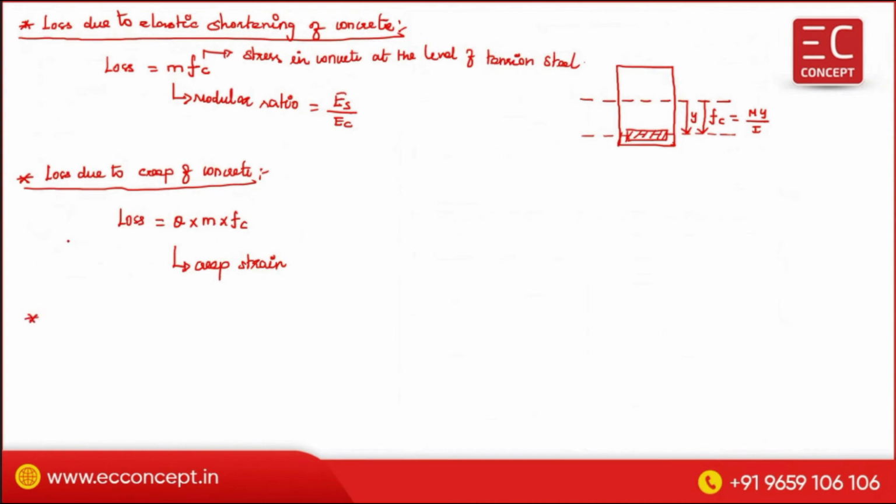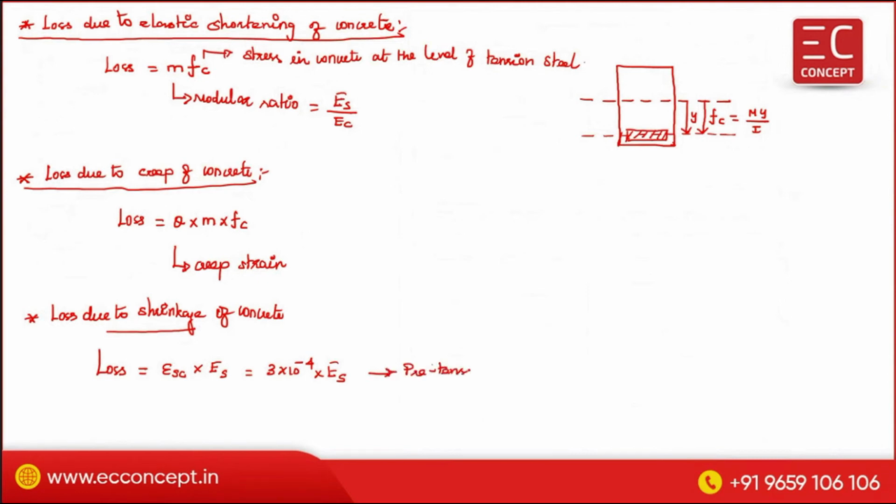Next one is loss due to shrinkage of concrete. Here the loss equals shrinkage strain of concrete into Young's modulus of steel. The shrinkage strain is 3 into 10 raised to minus 4, into Young's modulus of steel. This is for pre-tension member.